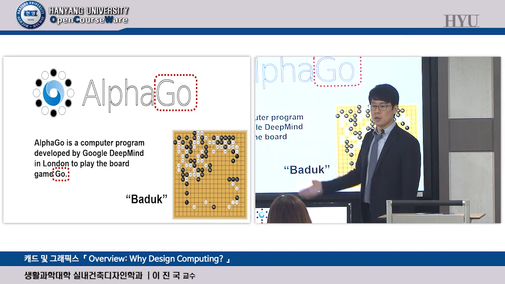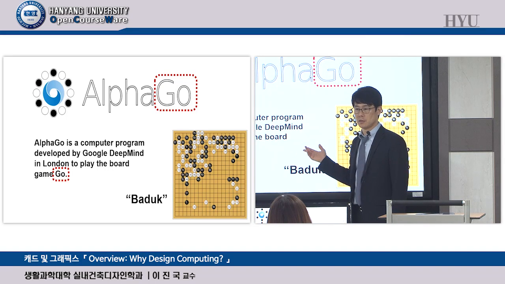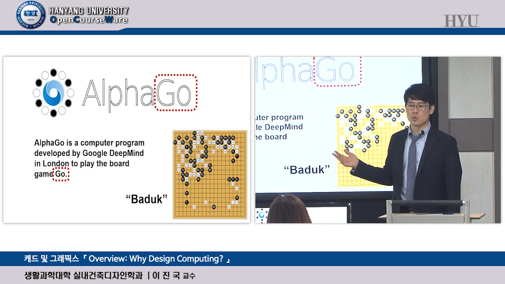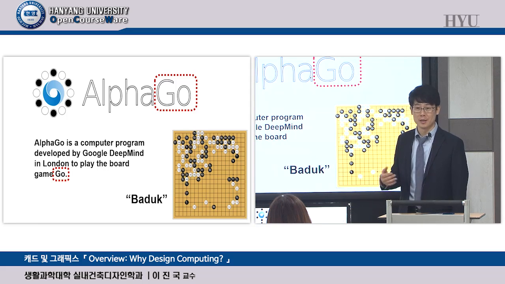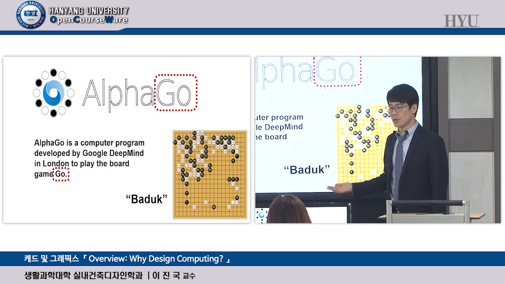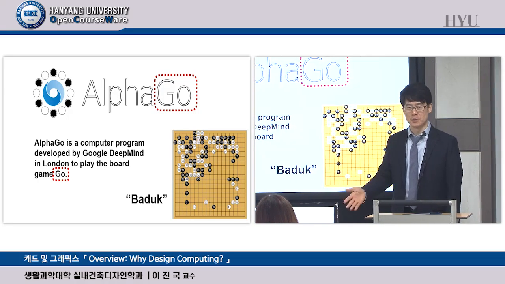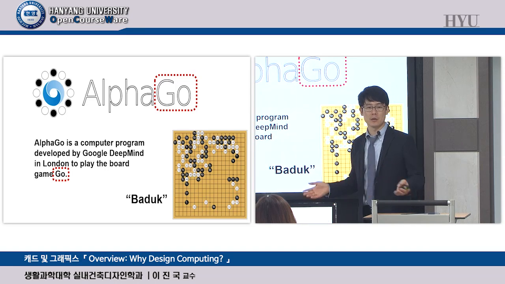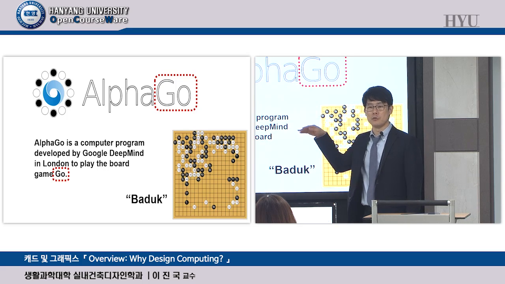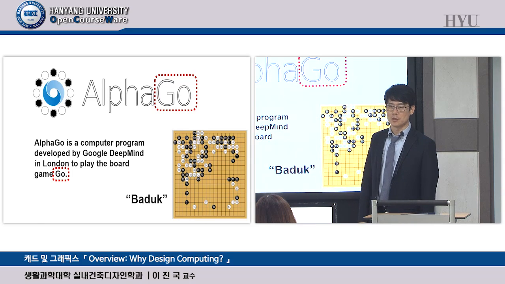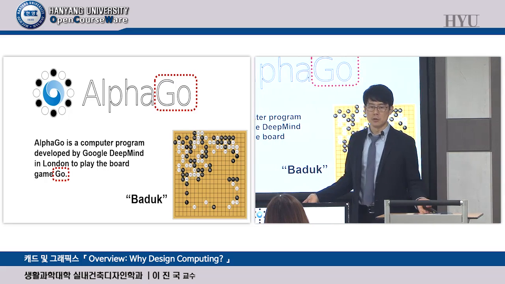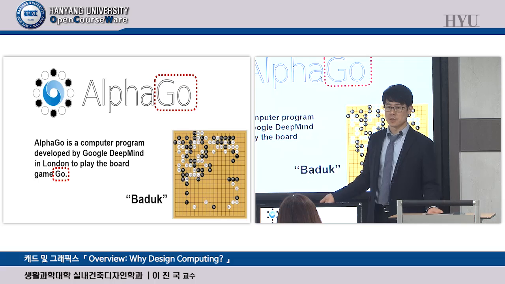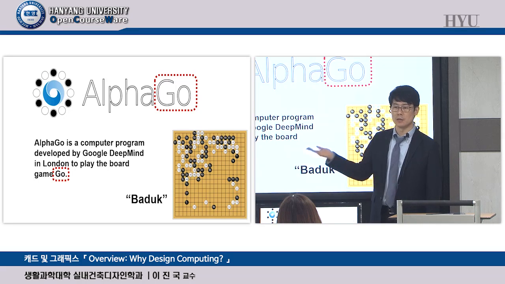Anyway, it was a very amazing event because most experts, including me, had been expecting, obviously, that Isedo was going to win, because even if machine learning technology is very advanced, it has not reached Isedo's capability, since the Go game has really, really many diverse chances to be played until the end.